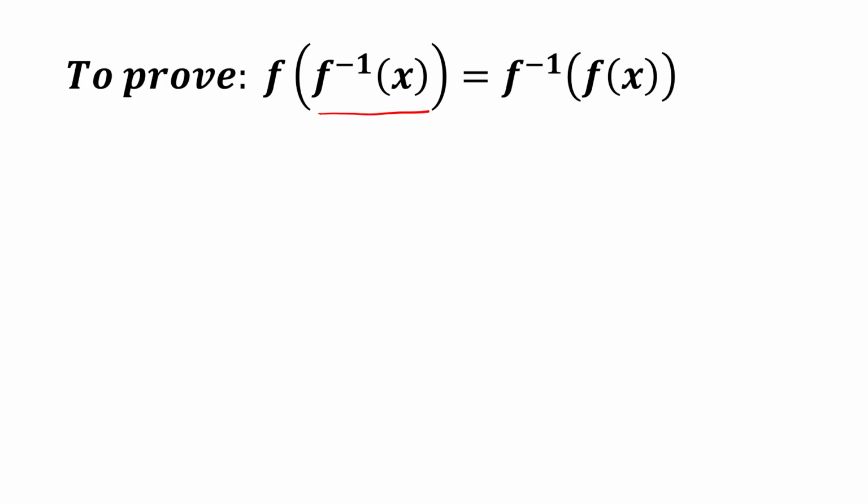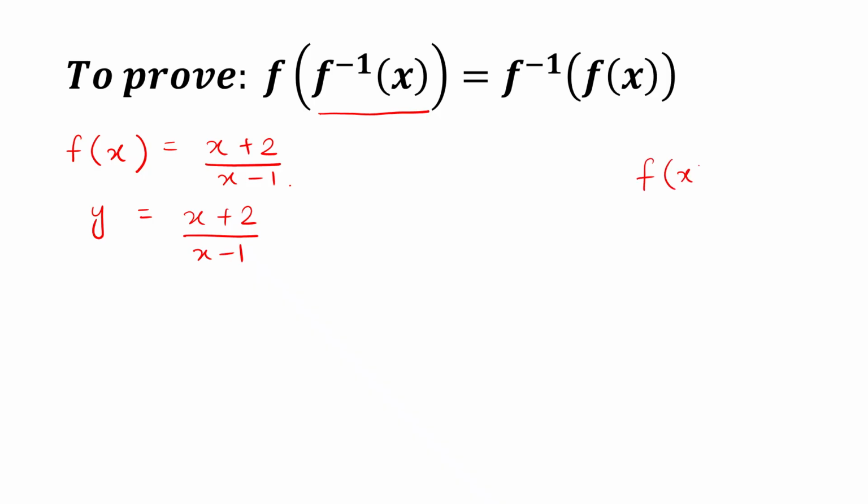So by keeping all these steps in mind, we start with the original function, which is x plus 2 over x minus 1. Then we write this f of x as y because f of x and y are equal. In the next step, we solve for x.